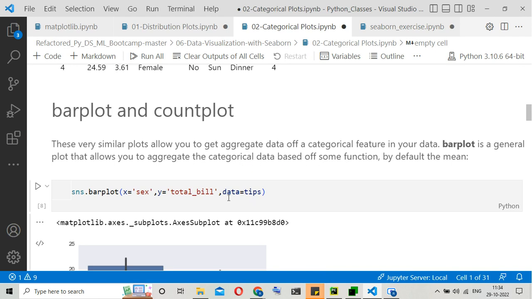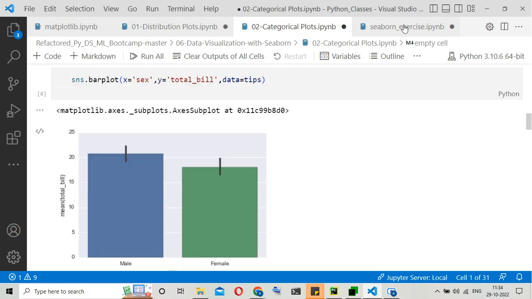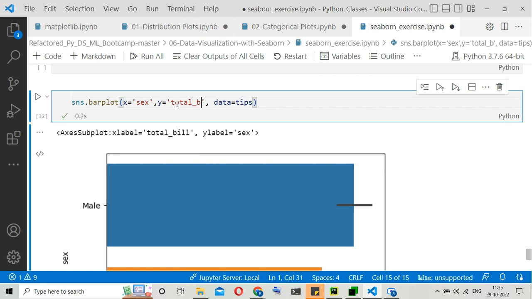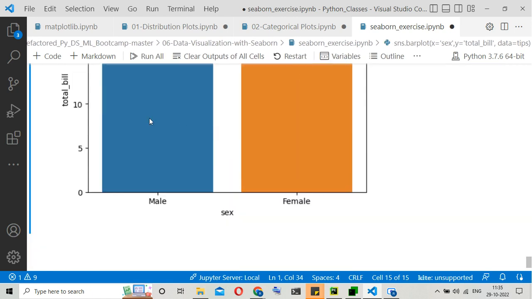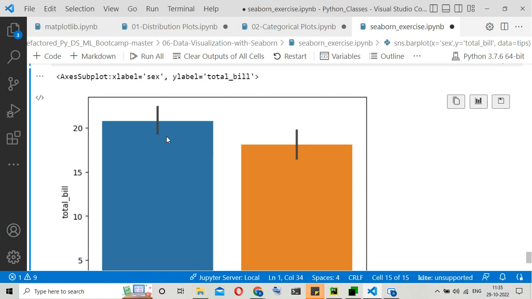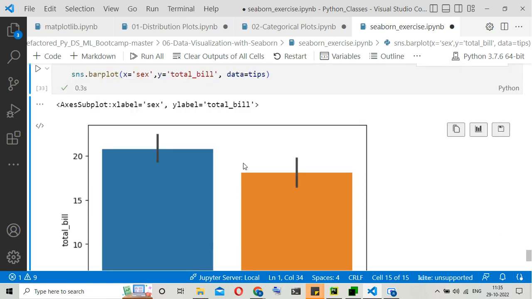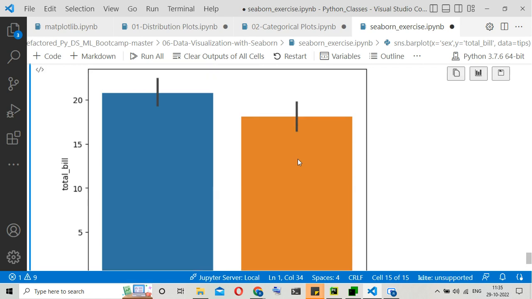Same data, but why is it coming in this format? Okay, sex was there, and x was total bill. Yes, correct. And this is not mean actually. Right now, this is the bar plot. So it is total, and on average, you can see here.